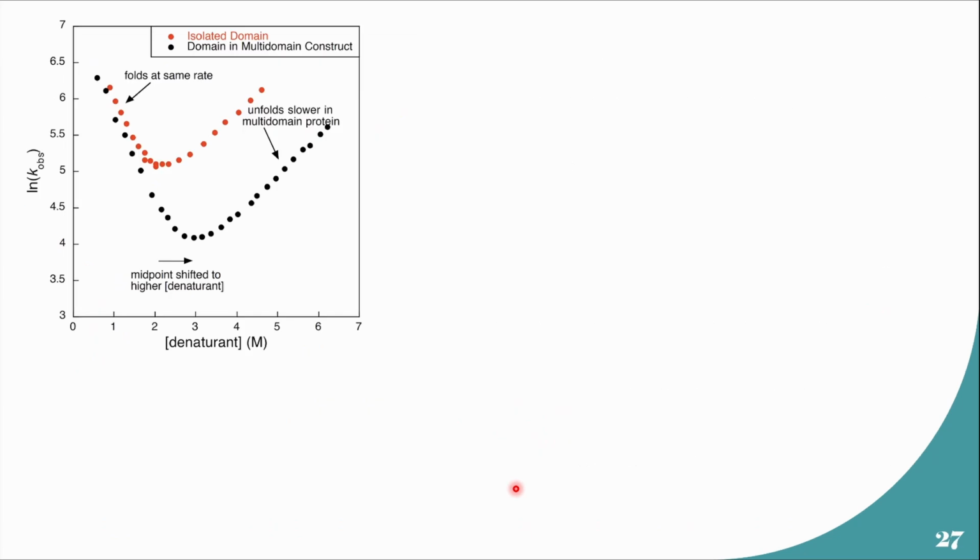If you have different kinds of interaction partners, so it could be a multi-domain protein, an isolated domain protein, and so on, we'll see that depending on these constructs, the folding rate or unfolding rate can be slightly different.